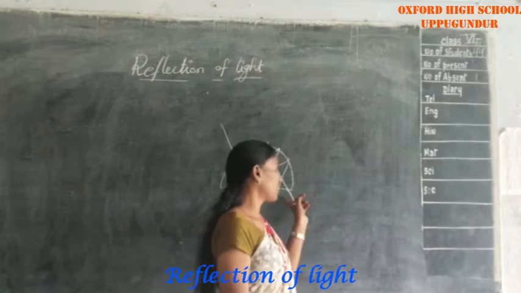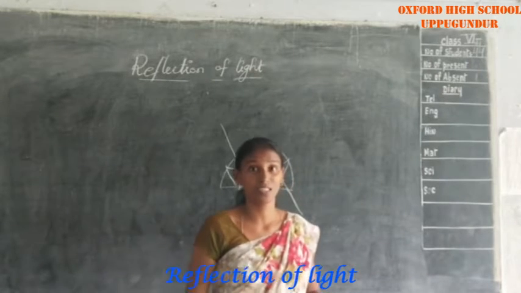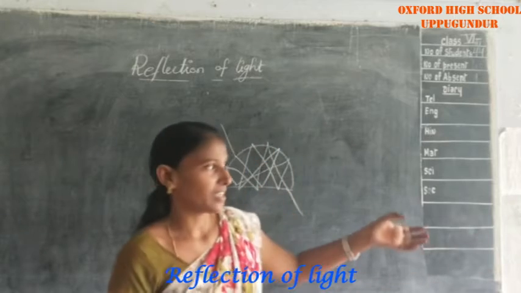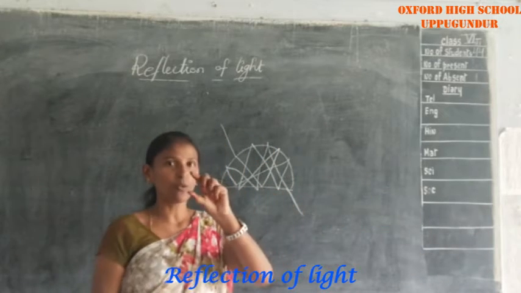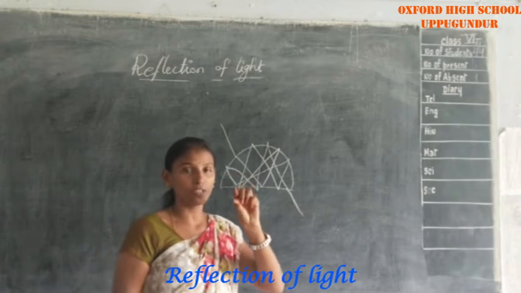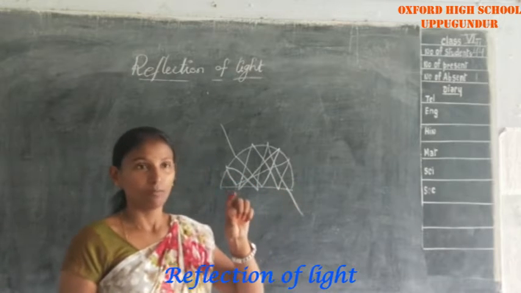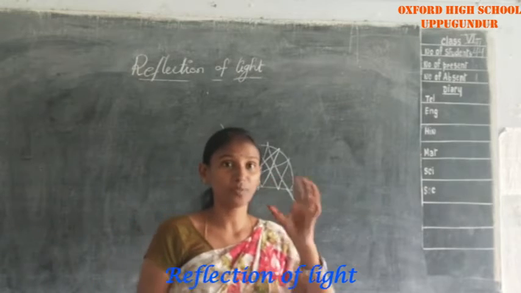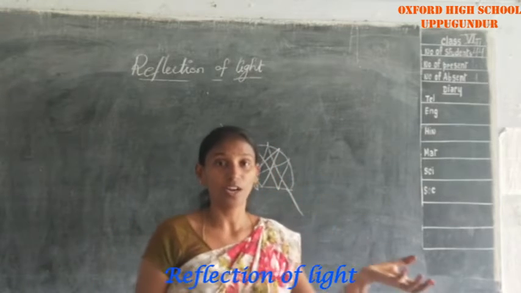Okay, you observe this in the winter season. In the early morning you observe some water balls on the grass. You observe those water balls very shining, with so many colors in the water ball.